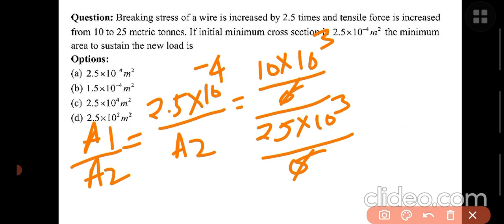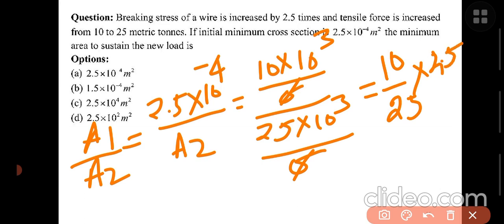Sigma and sigma get cancelled. As a result, we get 10 by 25 into 2.5, which gives 1. So A1 is equal to A2.